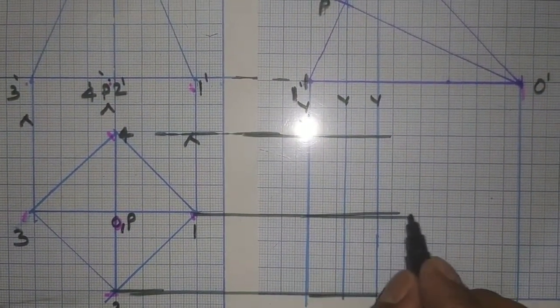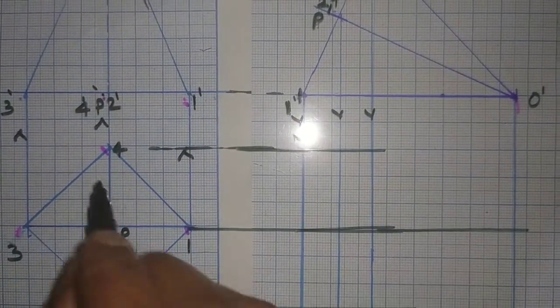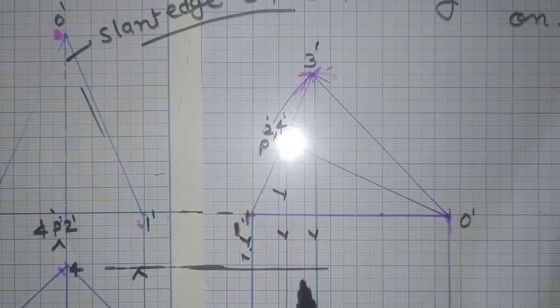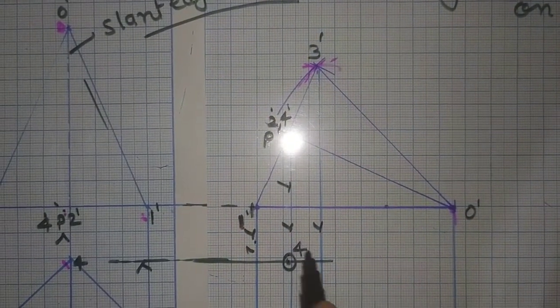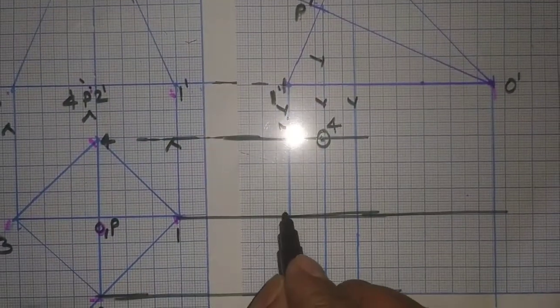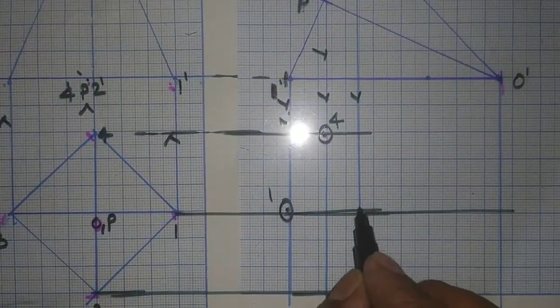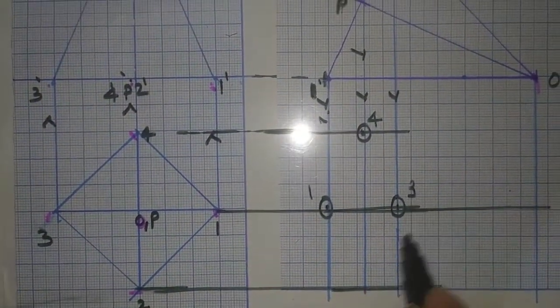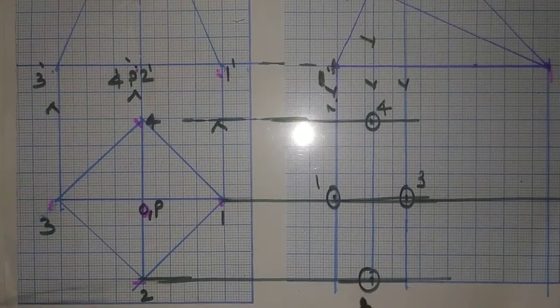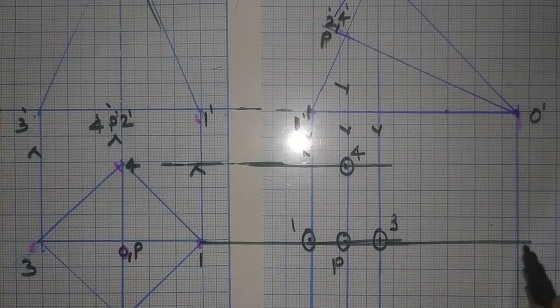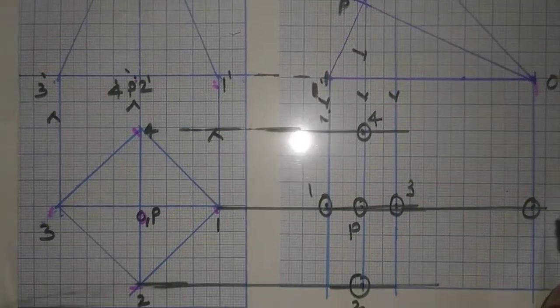We have to project it here. Now here is point 4. Where is point 4 here? Here is a point 4. 1 and 3. This is a point 1. This is a point 3. Here is a point 2. This is a point P. And this is a point O.